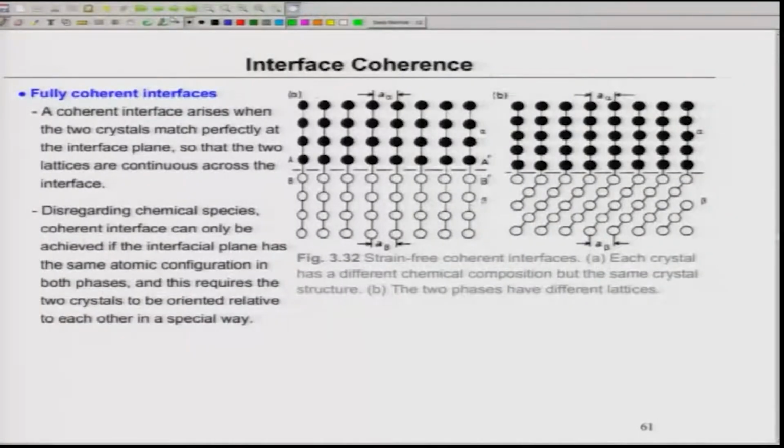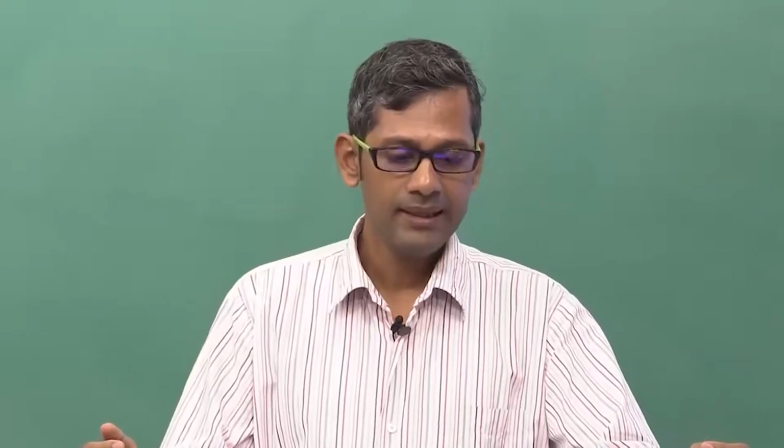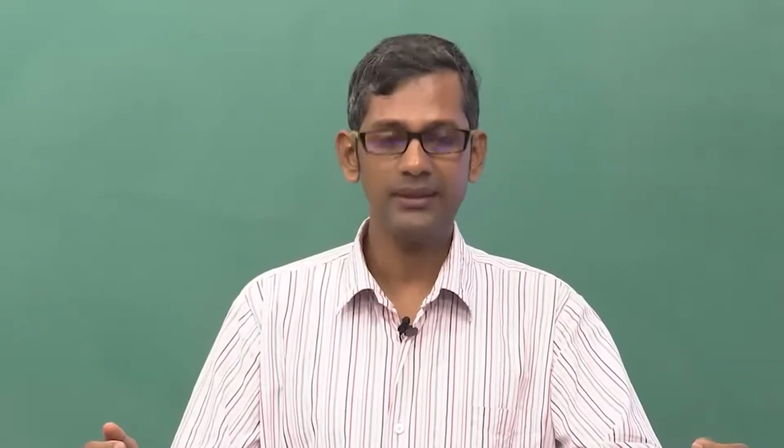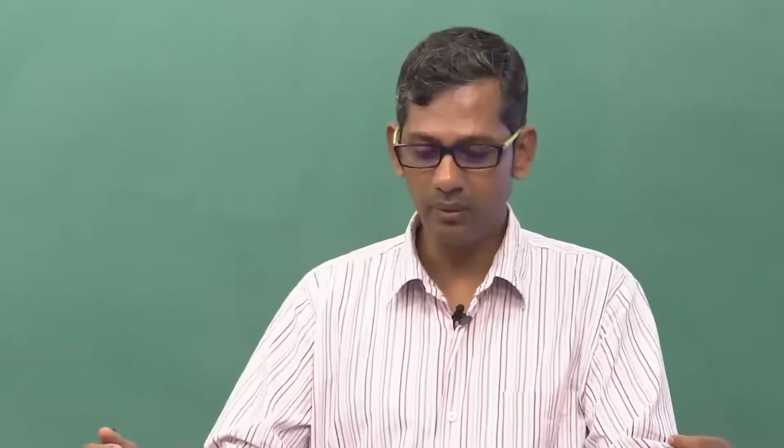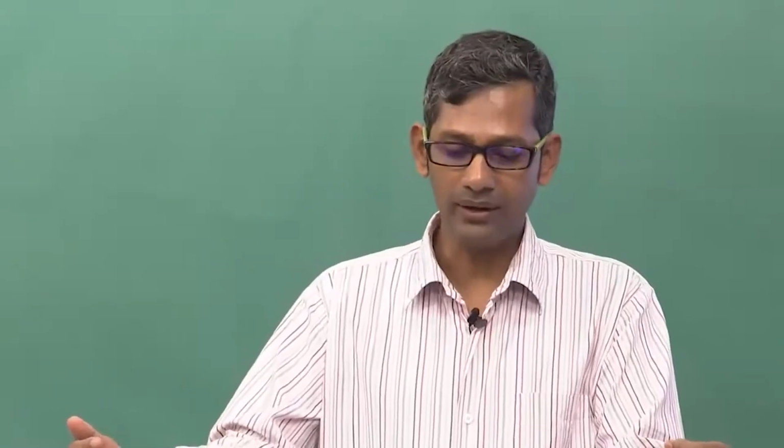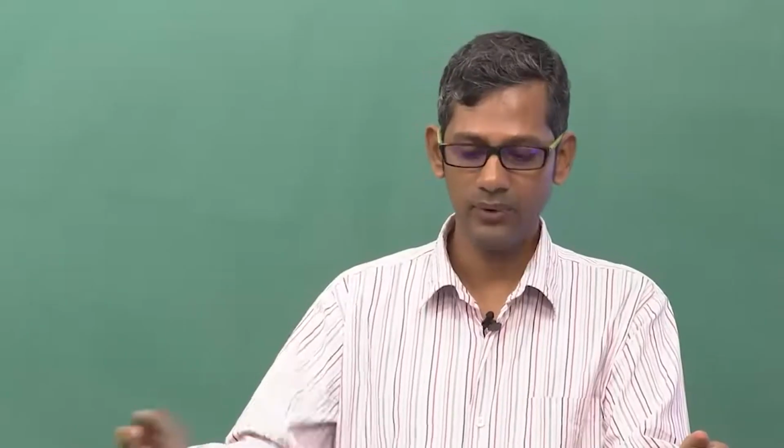Whenever we talk about 2 crystals, alpha is a grain of alpha type, beta is a grain of beta type. So there are 2 separate crystals, separate grains of different phase and different chemistry. It is possible, in a very nice situation, that the planes of alpha across the boundary exactly match the planes of beta. That is what is shown here.